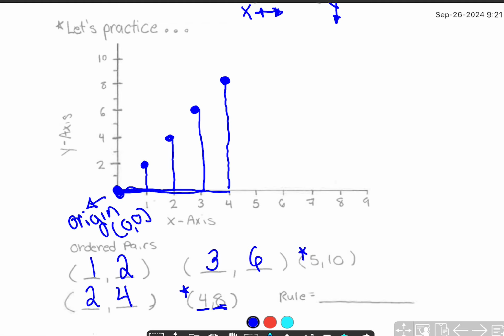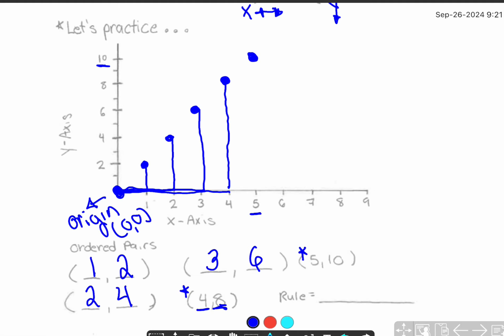It ends up looking like eyes and a little nose, but you don't have to draw that. For the 5, you're going to go over to 5 and up to 10, so that point would be right about here.